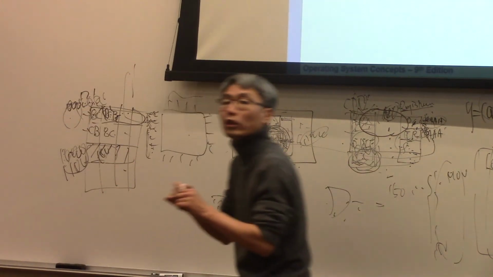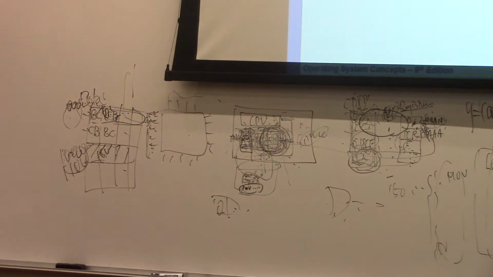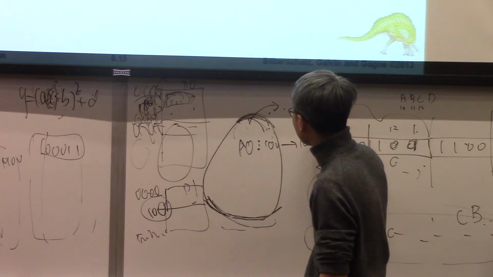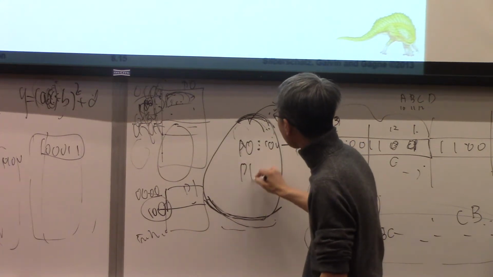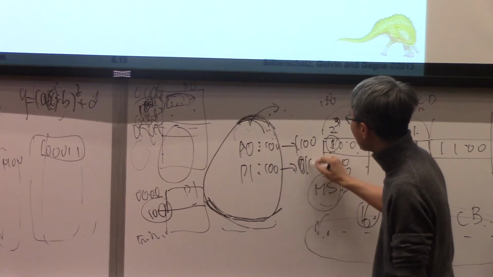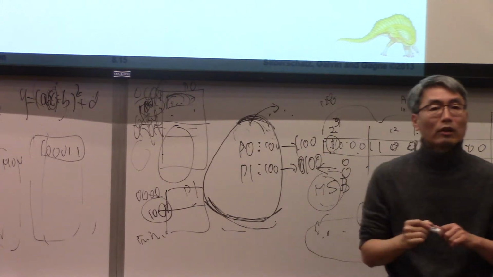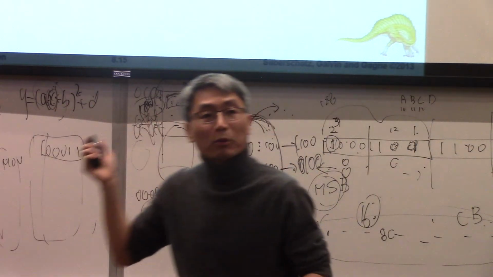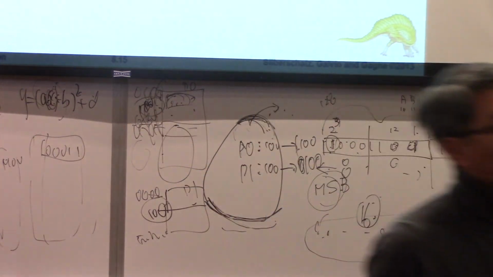So which means we need to map: for process 0, 100 is 1100. Process 1, 100 is 0100. So this is called the mapping table, the memory management unit.